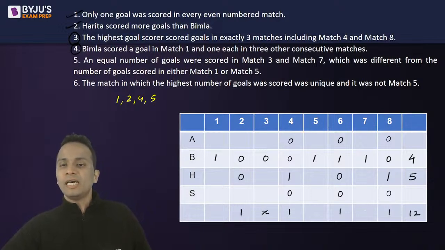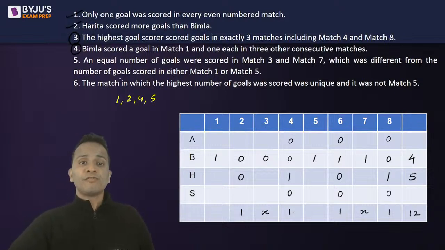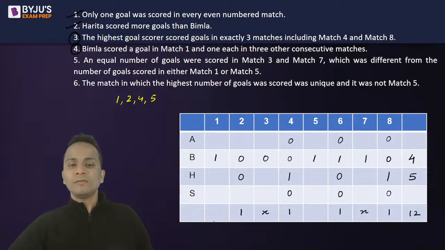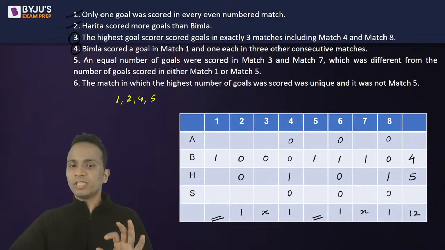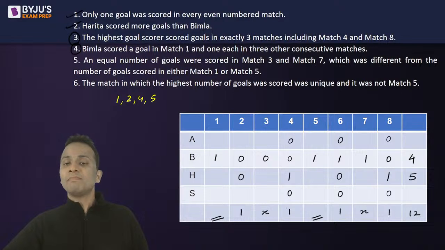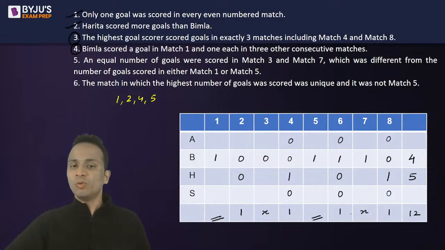So in match number 3 and match number 7, equal number of goals are scored, which was different from the number of goals in either match 1 or match 5. So the total number of goals in match number 1, 3, 5 and 7, these 4 numbers are left. Okay? Out of these, the total number of goals in match 3 and match 7 are equal, and these two numbers are different from the total number of goals scored in either match 1 or match 5. Now what possibilities can there be? Let's write all those possibilities.